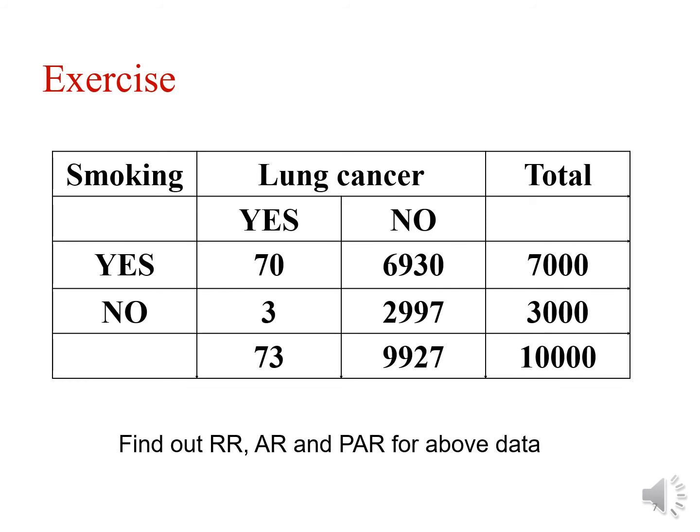This table is showing presence or absence of risk factor, presence or absence of disease, presence or absence of smoking as a risk factor, and disease is lung cancer. Note it and calculate relative risk, attributable risk, and population attributable risk, and interpret your result.